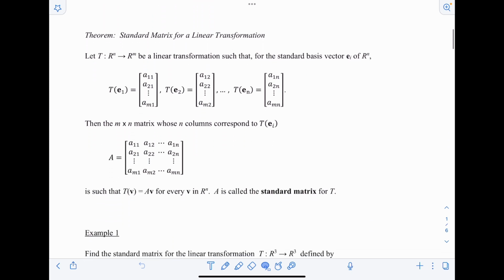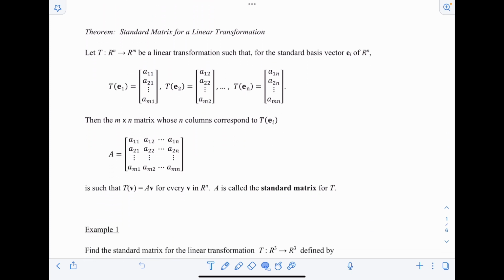So our first theorem talks about a standard matrix for a linear transformation. It says let T be a linear transformation mapping Rn to Rm, such that for the standard basis vector Ei of Rn, we've got T of E1 equals a column vector, T of E2 equals a column vector, and so on. Then the m by n matrix whose n columns correspond to T of Ei is A equals, and you'll notice that T of E1 is the first column, T of E2 is the second column, and so on.